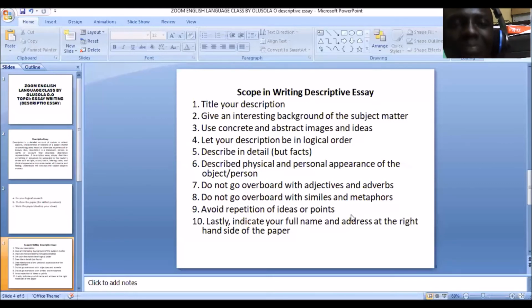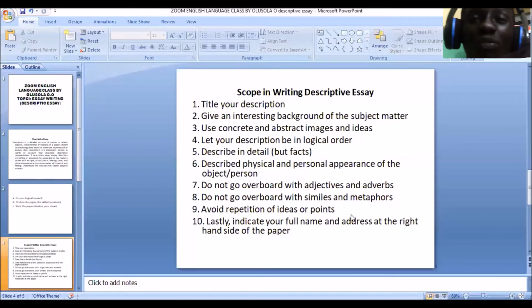Then describe the physical and personal appearance of the object or the person. I've told you earlier about this. It's very sine qua non, particularly when you are describing an object or an animal or a person.